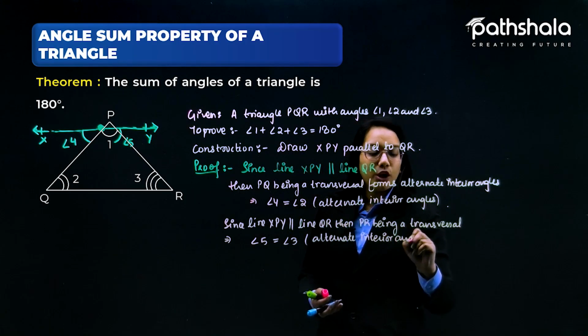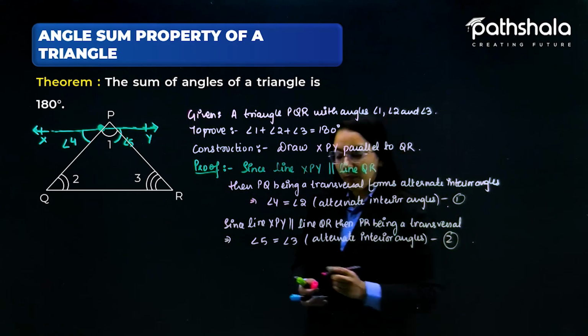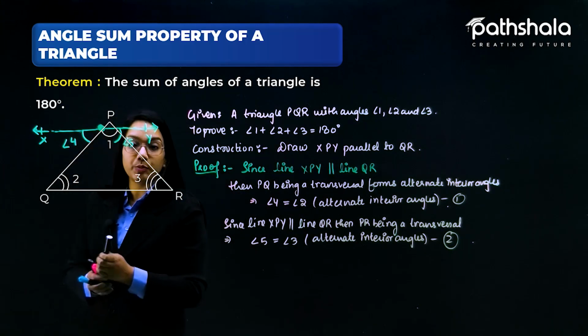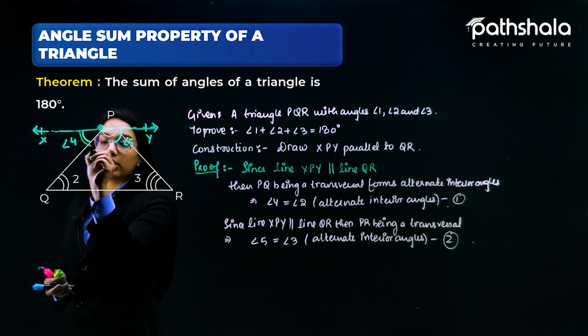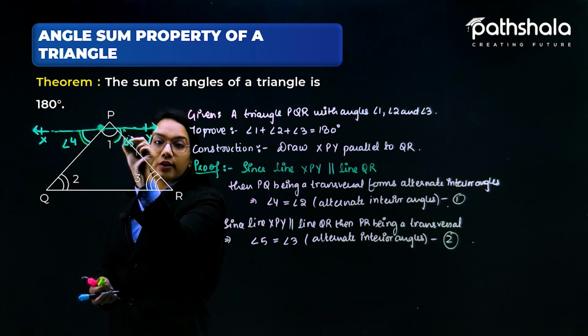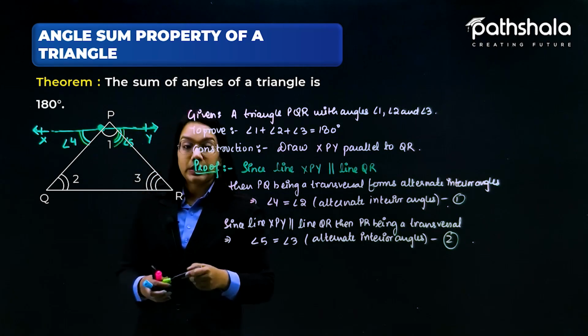So at the end, we are getting that angle 4 is equal to angle 2, and angle 5 is equal to angle 3. I'm marking it in this manner.